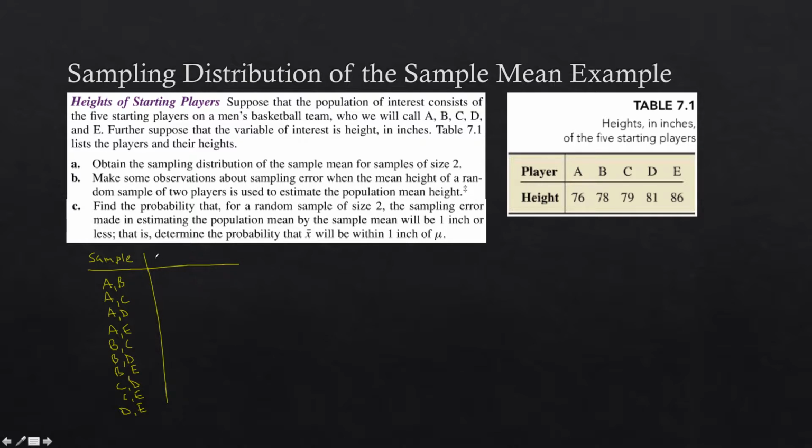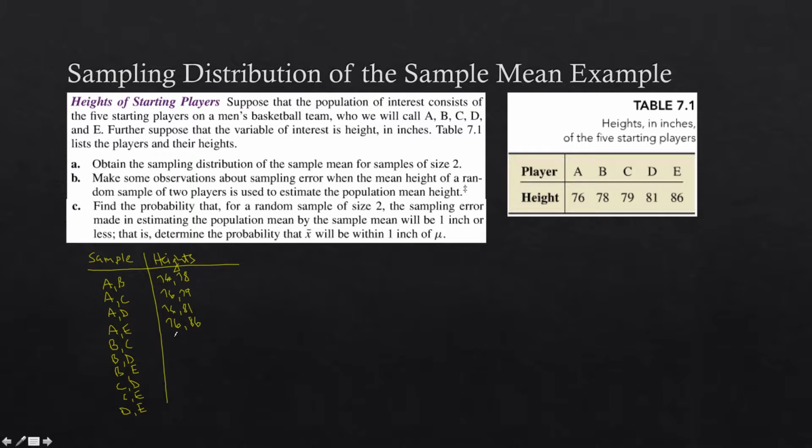Alright, well, when I do that, what are the heights? For A and B, it's 76 and 78. For A and C, it's 76 and 79. 76 and 81. 76 and 86.